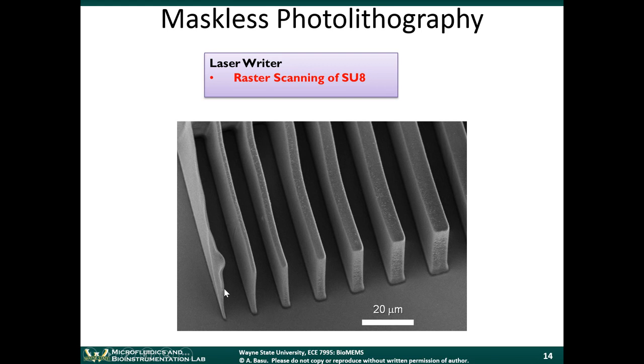When you get very high aspect ratio structures like this, beyond 10, then you have tall, narrow structures. They can become mechanically compliant, and you'll lose some of the structural rigidity and integrity of the structure. So you have to be careful if you're trying to do very tall and thin structures this way.